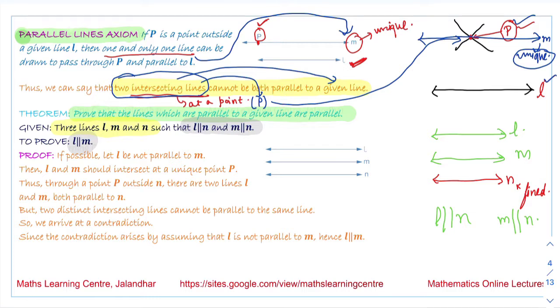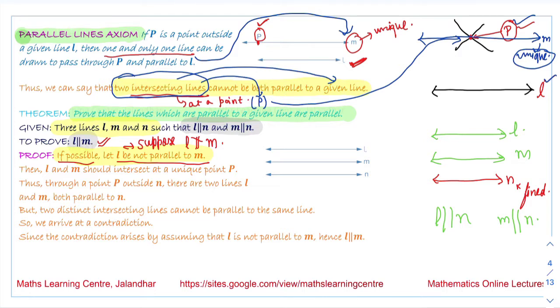When it is mathematically incorrect, we say that whatever we supposed is wrong. In this case, we suppose that, if possible, L is not parallel to M. We have to prove that L is parallel to M, but we suppose that L is not parallel to M.